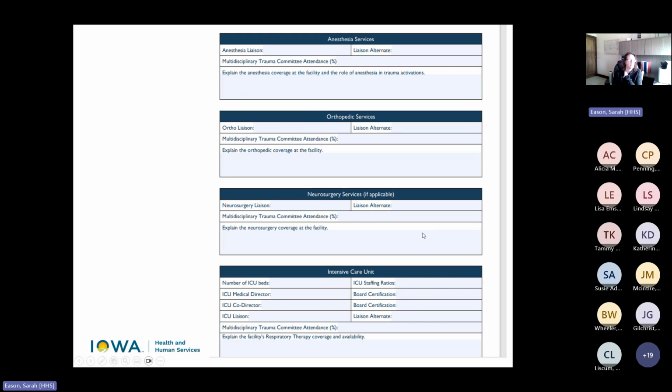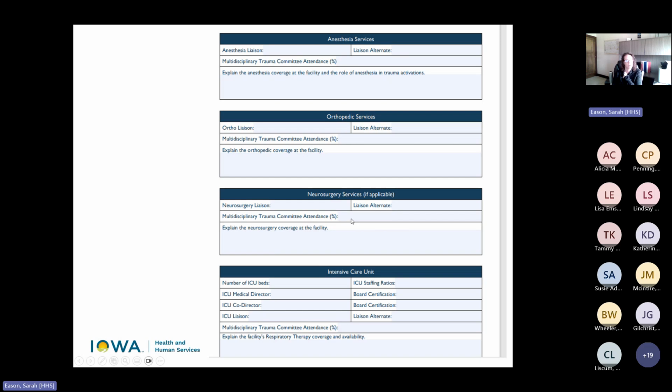However, if you do have them, 24/7 coverage, submit their schedule, have a liaison that comes to your trauma committee. Between the alternative liaison and the neurosurgery liaison, this better be 50% here. So we'll let you have an alternative, but between the two of them, somebody's got to make it to 50% of your meetings or more.